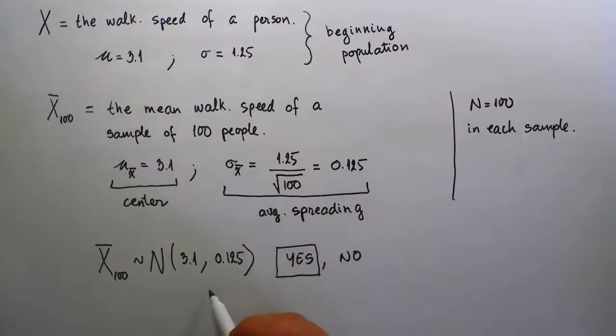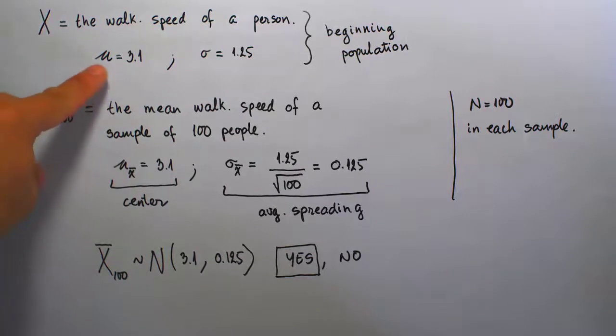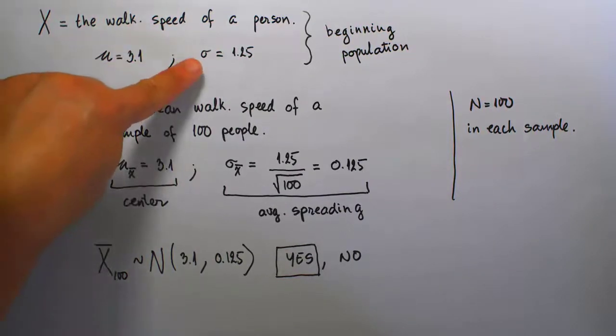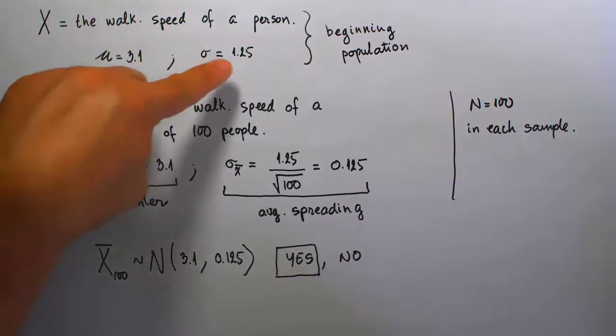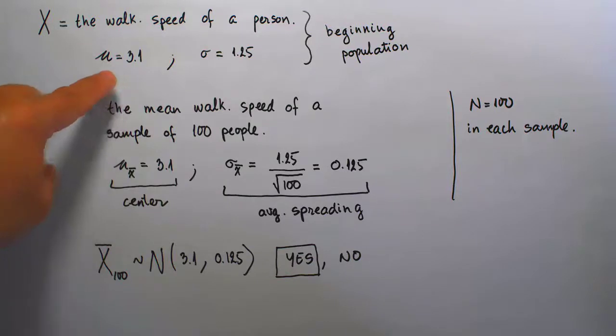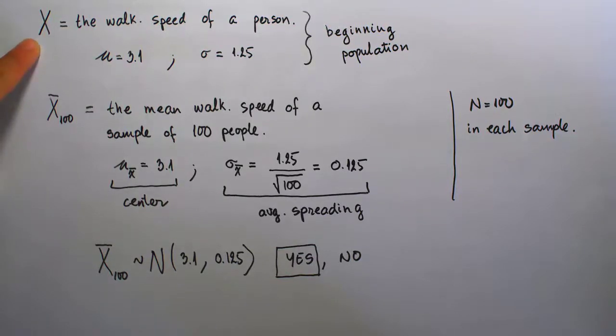The reason for this, once again, let's look back at our beginning population. We only knew the population mean value here. Further, we knew the population standard deviation, but that was all we knew. We did not know whether our population in the beginning was a bell curve or not.